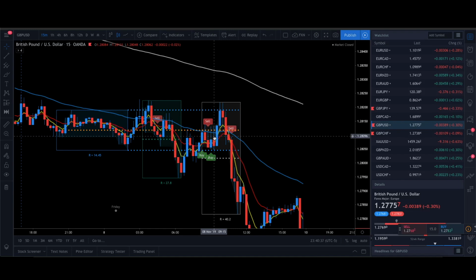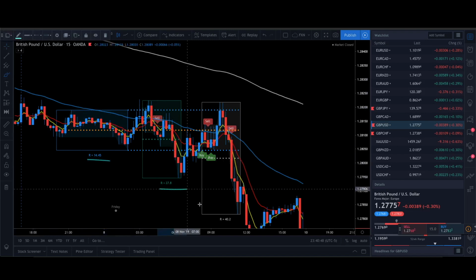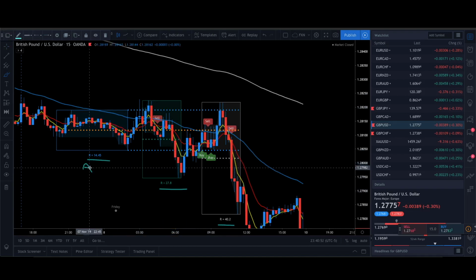So the three indicators that we have essentially mark out the Asian box. It tells you the range in pips for each box, as you can see here. It also tells you the ADR for the day for that specific pair. So you'll see that written right below it when the market is actually moving.